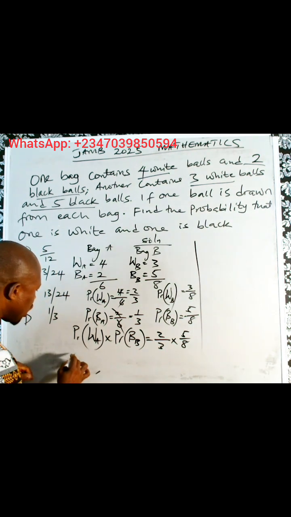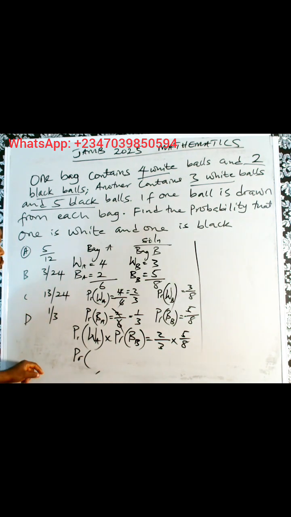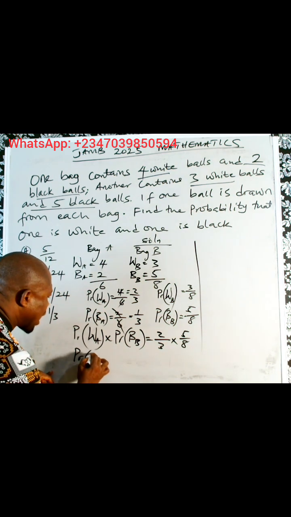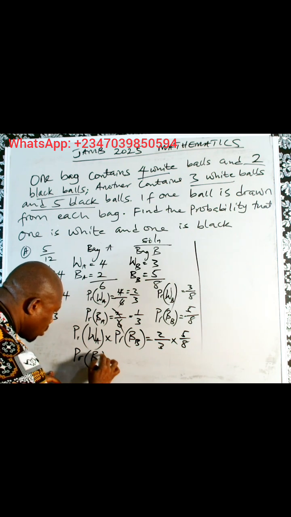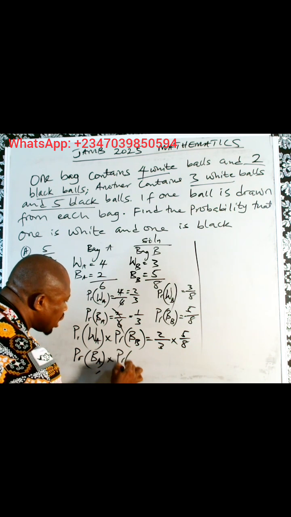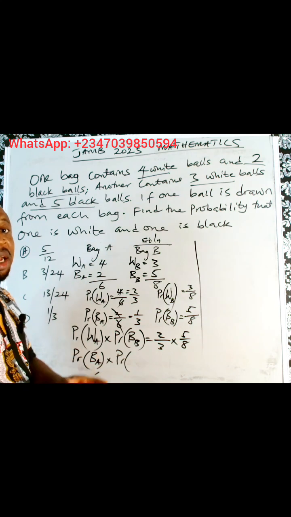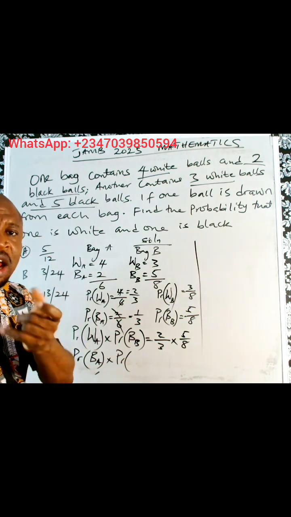Now the next one is the probability of getting a black from the first bag times the probability that in the second dip, you obtain a white.